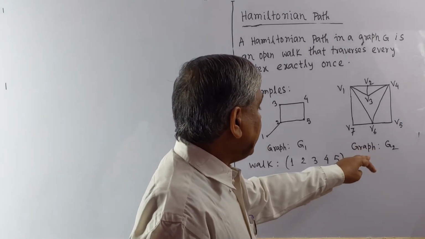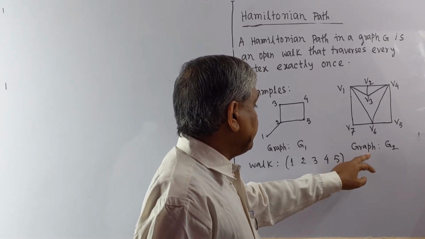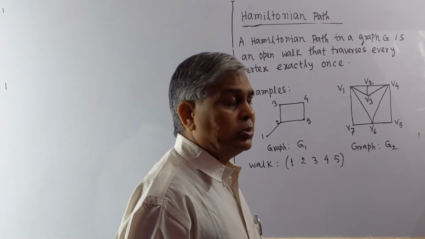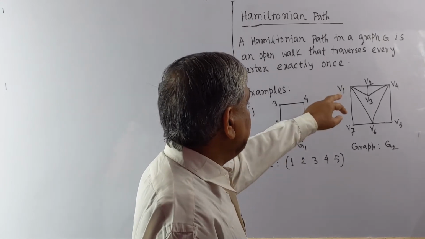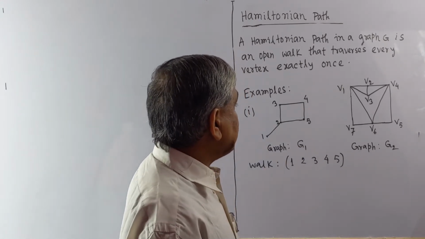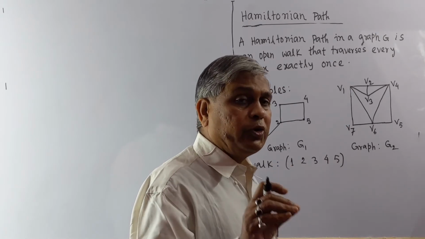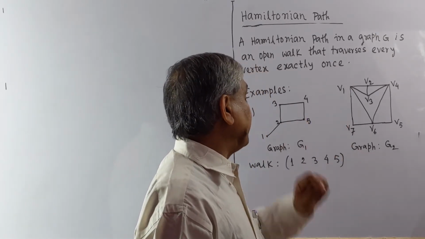We think about the next example, graph G2. Here we see that vertices are V1, V2, V3, V4, V5, V6, V7.